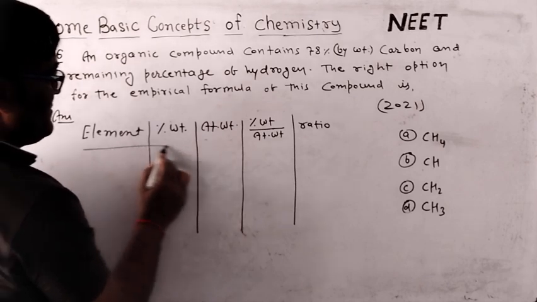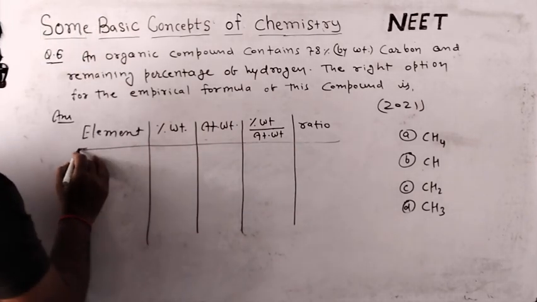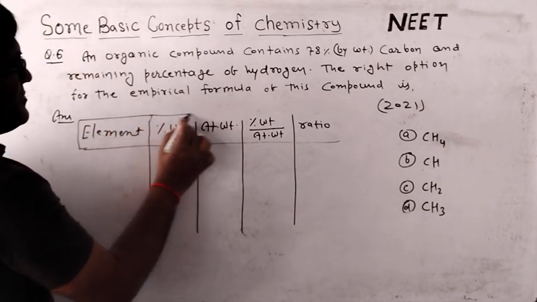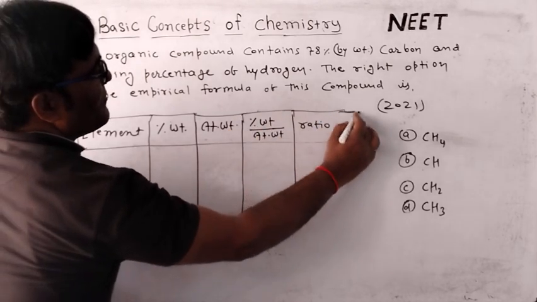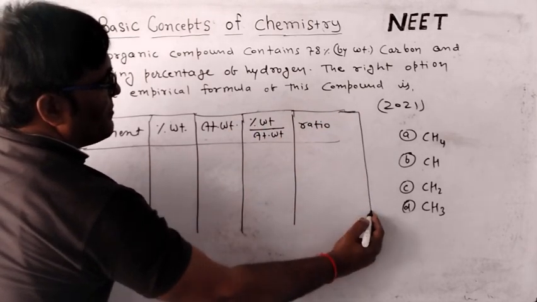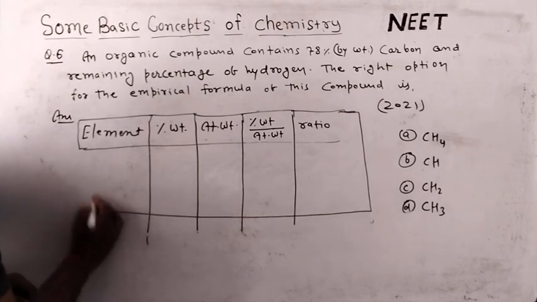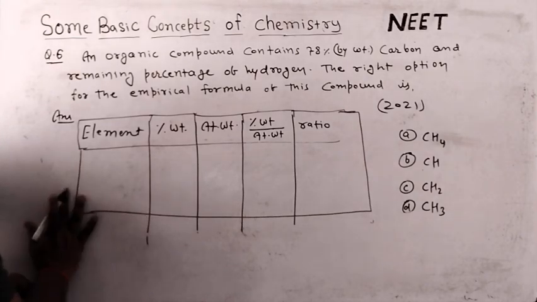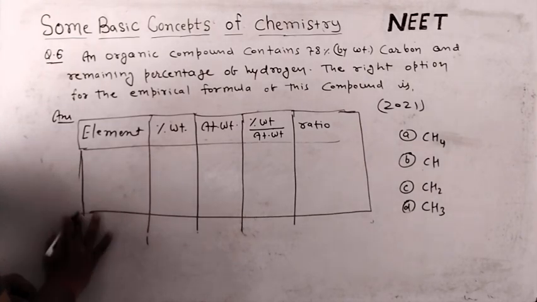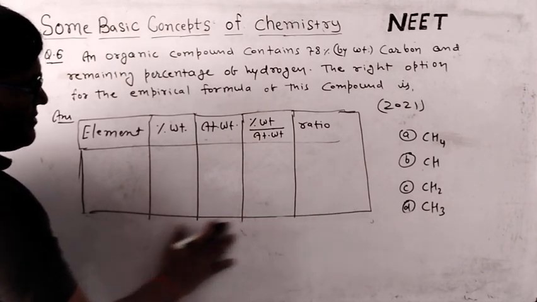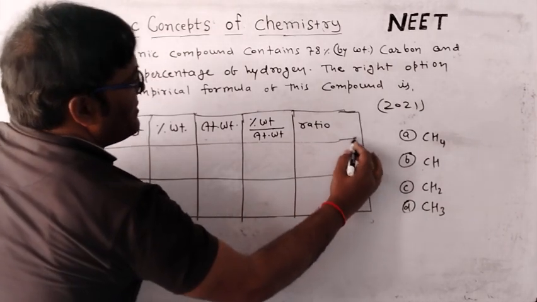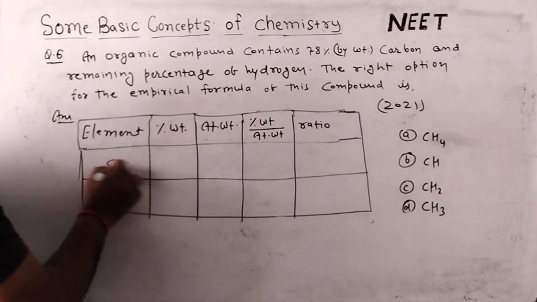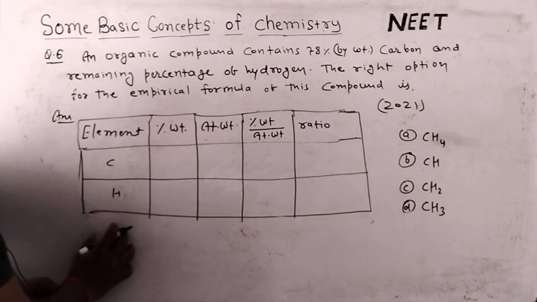Okay, now I am going to solve this question. According to the given data, we can solve this question. Now the table is ready. First element is carbon, and next is hydrogen.